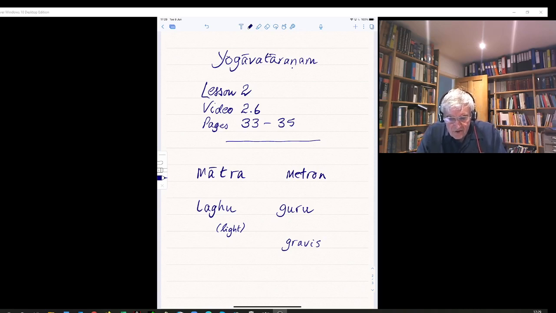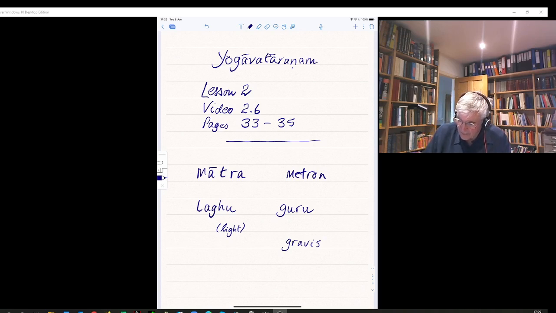A syllable is considered laghu, light, if it contains a short vowel, and then the five short vowels are written here: a, i, u, ṛ, ḷ, followed by a single consonant. A syllable is considered guru, heavy, if it contains a long vowel: ā, ī, ū, ṝ, e, ai, o, au, or a short vowel followed by a conjunct consonant, an anusvāra or a visarga.